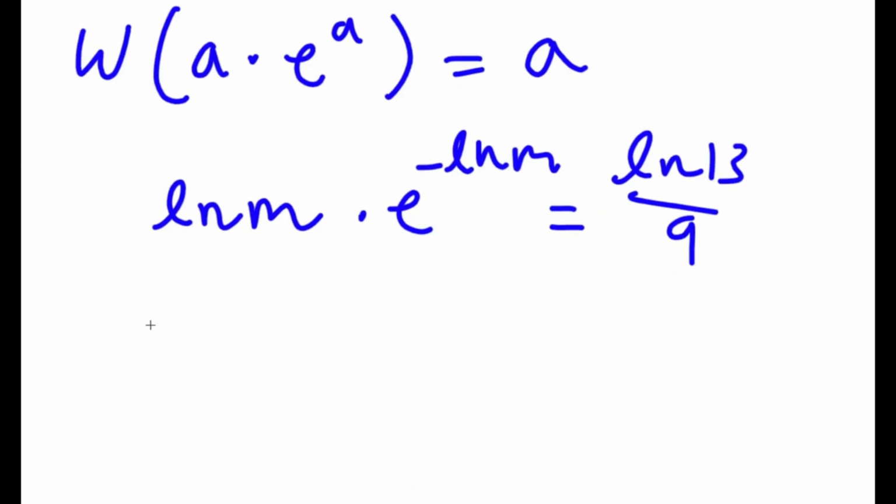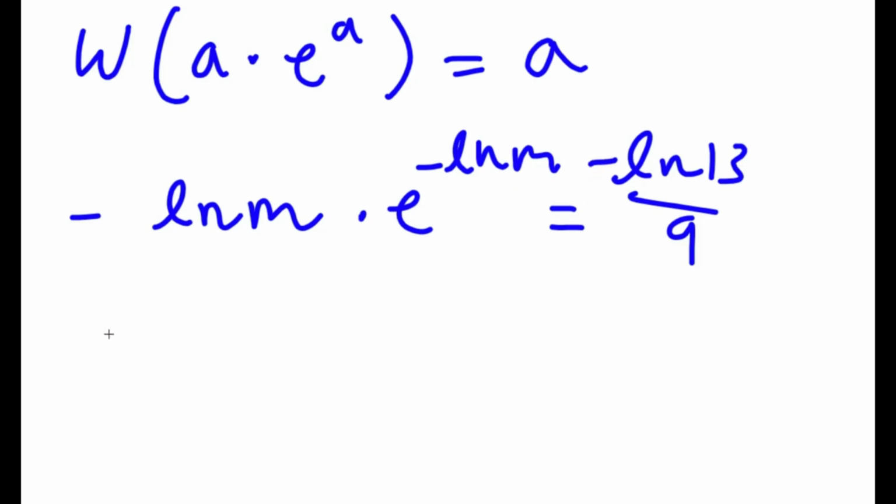Now before using this function, if I multiply both sides by negative, I get negative ln m times e to the power of negative ln m is equal to negative ln 13 over 9.